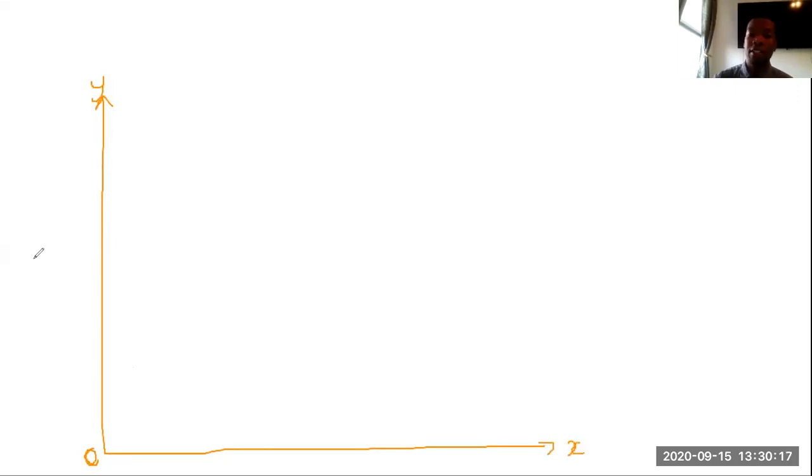For my y-axis, it's going to be the elevation. And then for my x-axis, I'm going to call it time, T-I-M-E. The time was in seconds, so I'm going to put seconds.